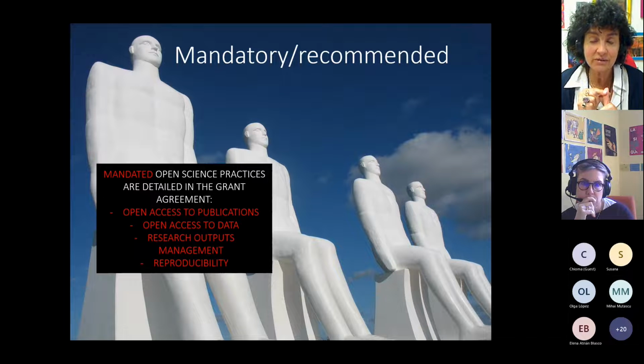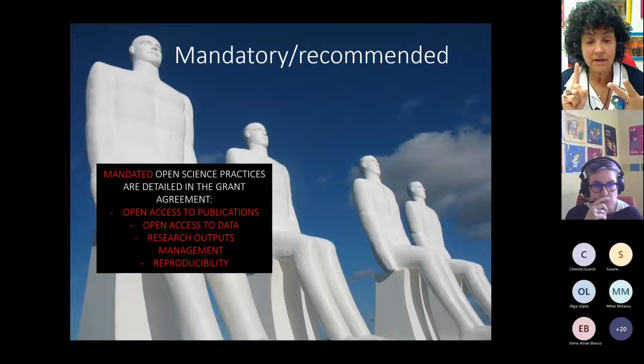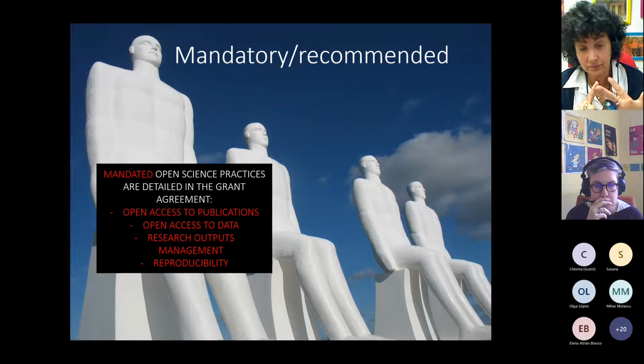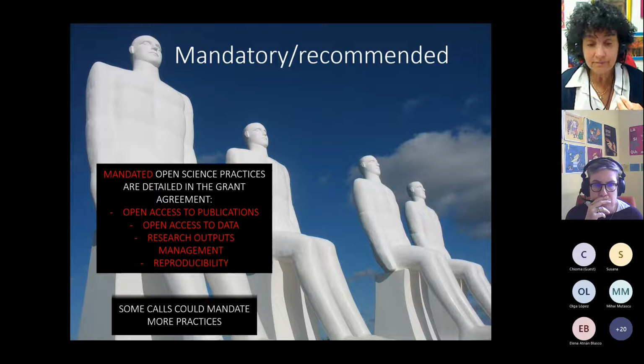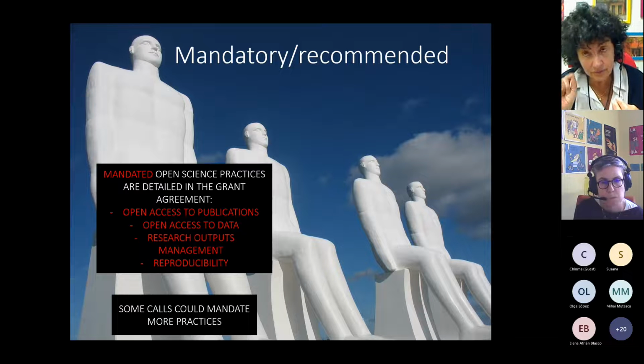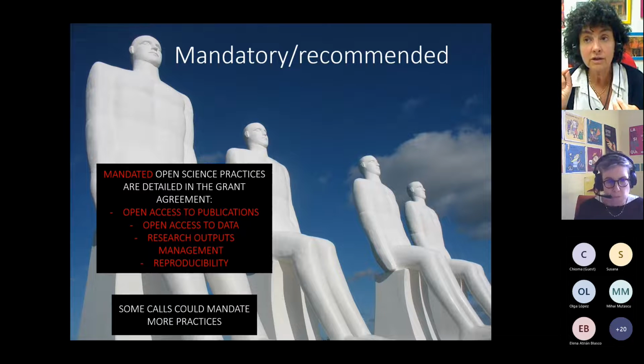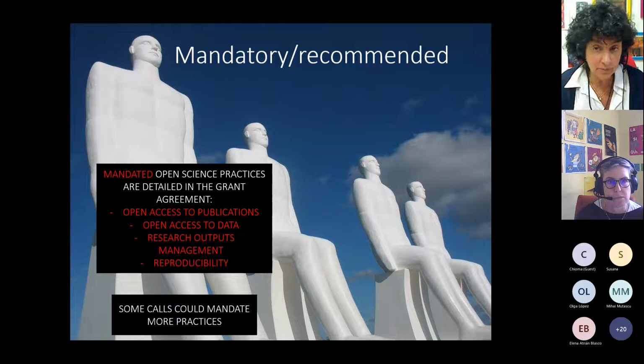So we will see that you have 3 options. Open access to FAIR data, research outputs management according to the FAIR principles, and reproducibility practices, okay? So basically you have 4 mandatory practices. Some calls, some specific calls in some specific programs might require additional practices, okay? But they will be detailed in the call.